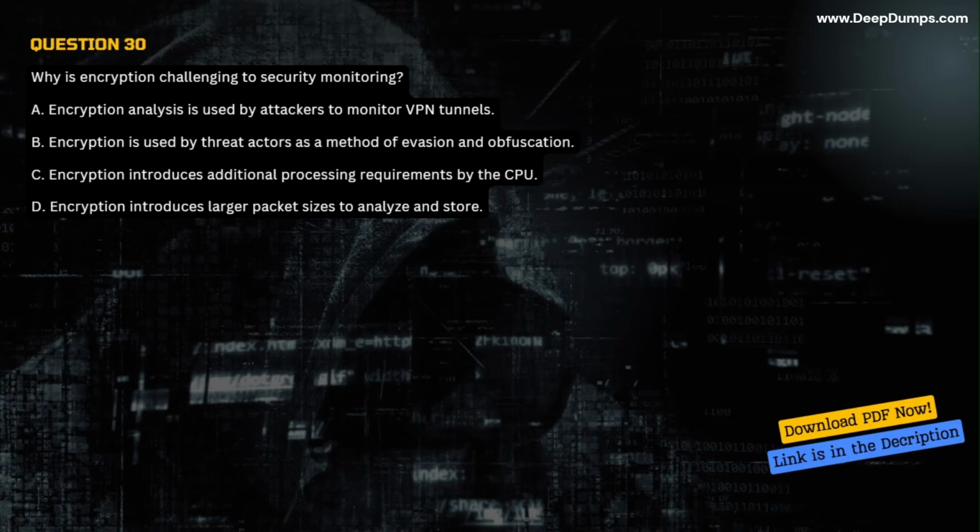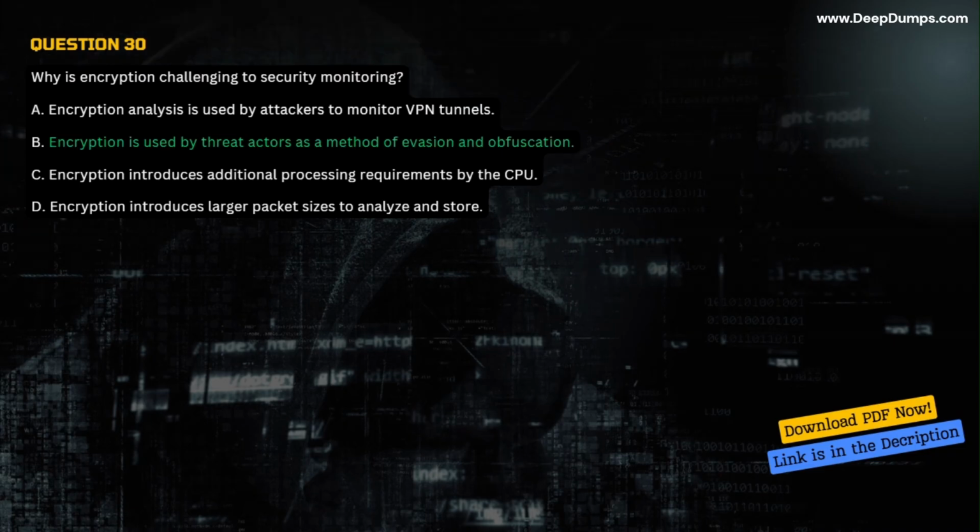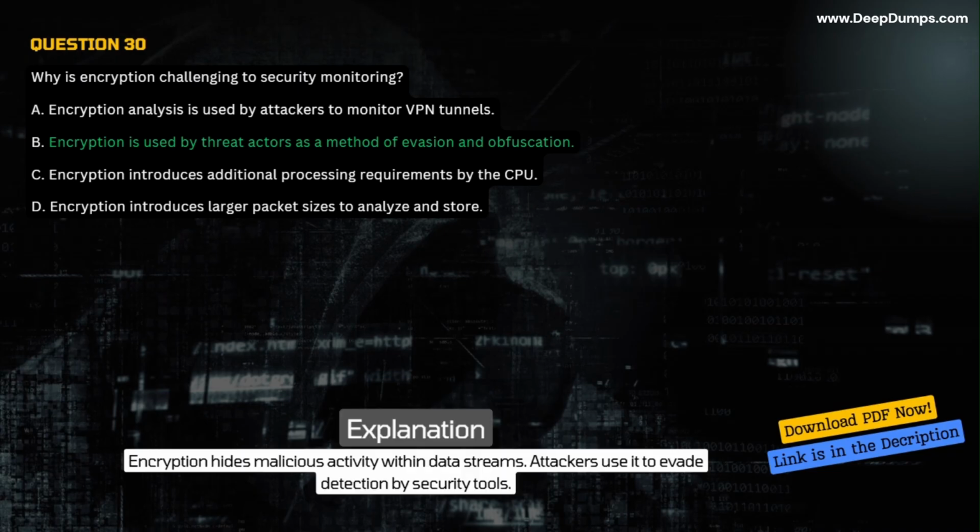D. Encryption introduces larger packet sizes to analyze and store. Correct answer B. Encryption is used by threat actors as a method of evasion and obfuscation. Explanation. Encryption hides malicious activity within data streams. Attackers use it to evade detection by security tools.